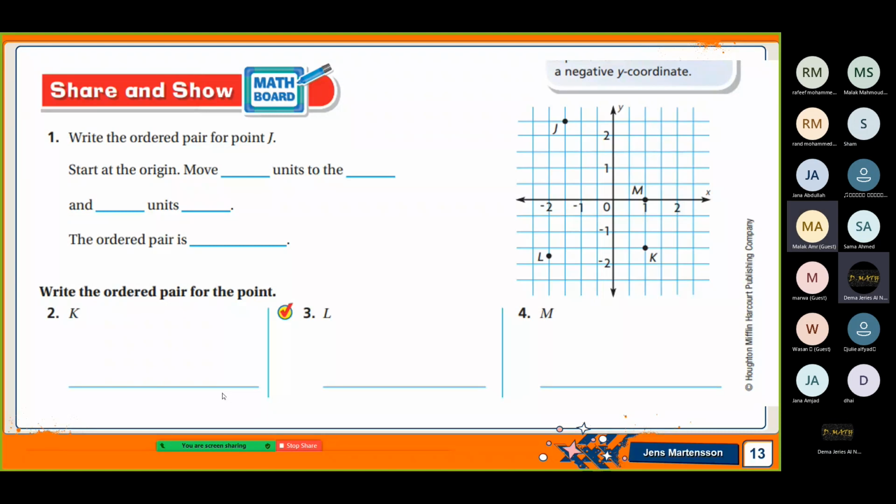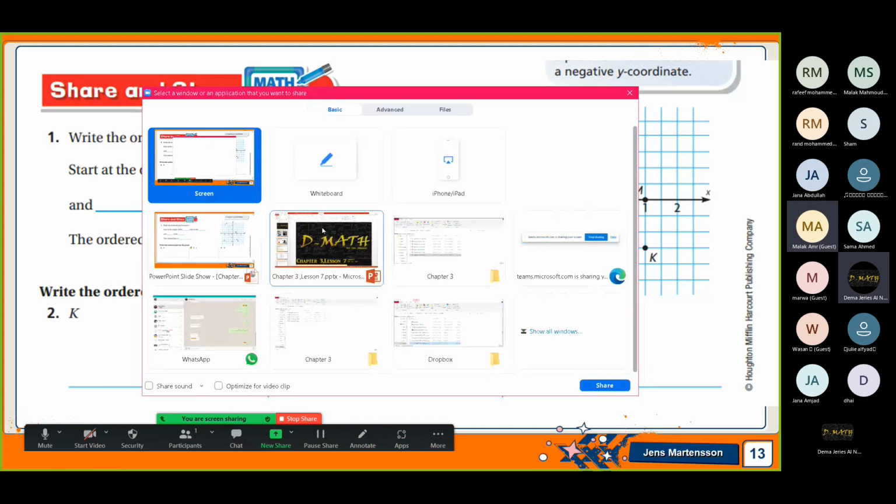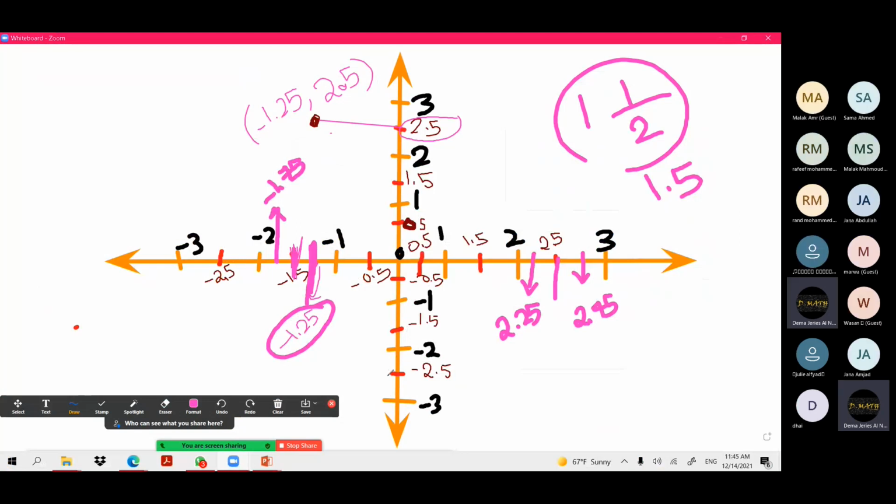Teacher, how do we know if it is negative or positive? You said that in the negative it is down, right? Yes, if it is on the y-axis, it's down. Where is the other negative part? On the left.